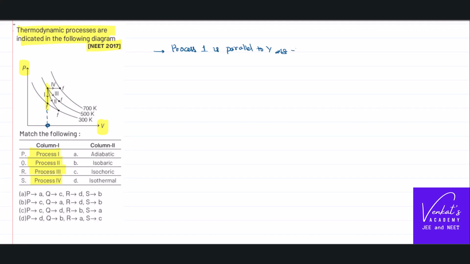That means here volume is constant. When the volume is constant, that kind of a process is called isochoric process.